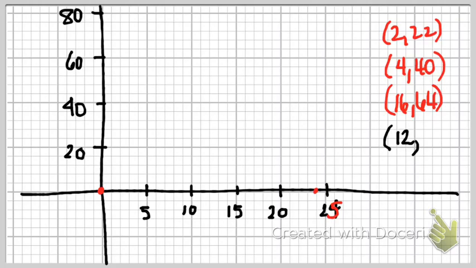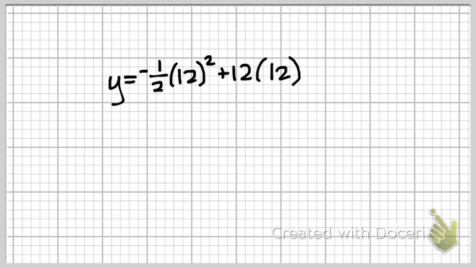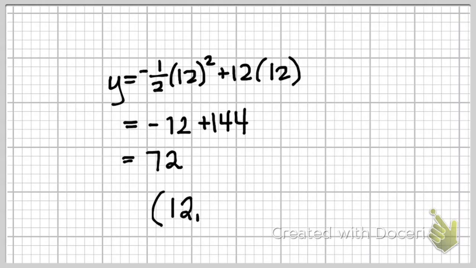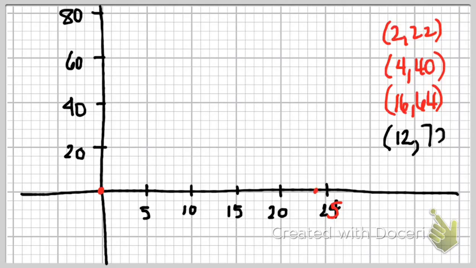So y equals -1/2 times 12 squared plus 12 times 12, and this is going to give me -72 plus 144, which is 72. So we also have the point 12, 72. That's actually pretty great because we're going up to 80.